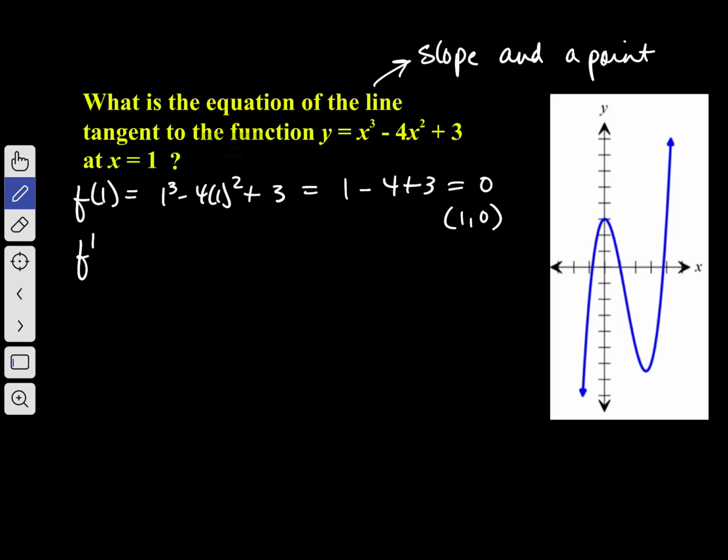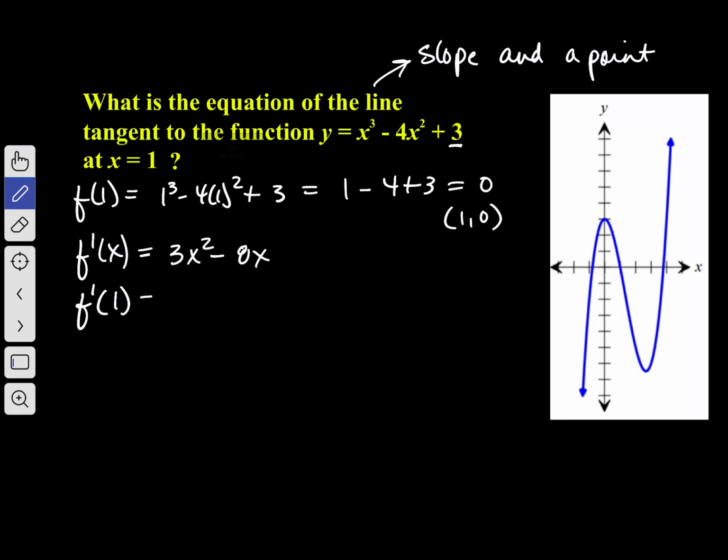And let's find the slope at 1. So let's first find f prime of x. If I use the power rule, f prime of x is 3x squared minus 8x, and the slope of a constant, remember, is 0.